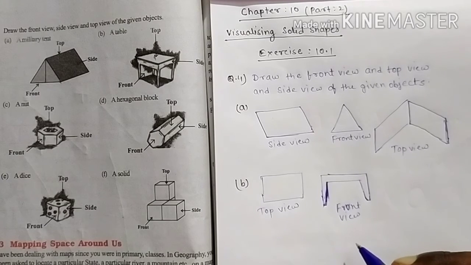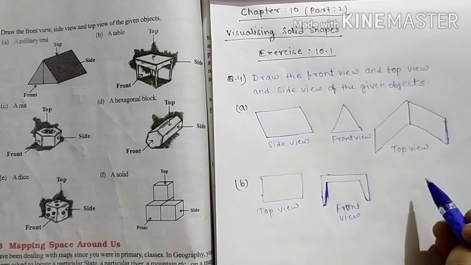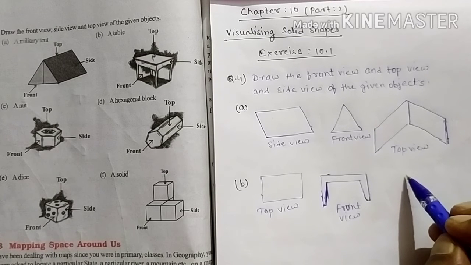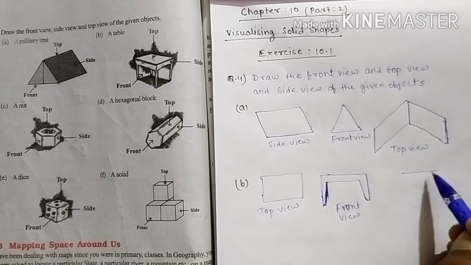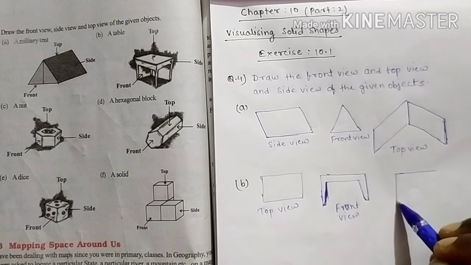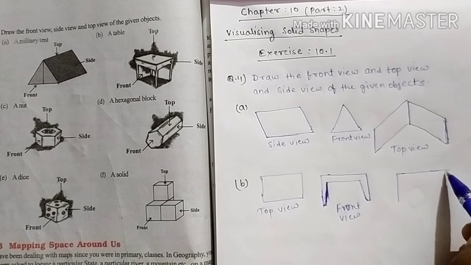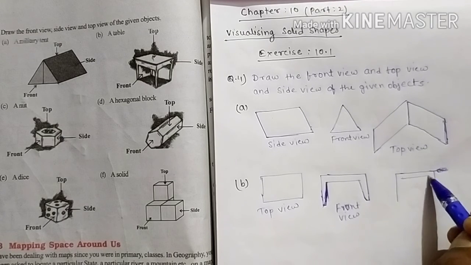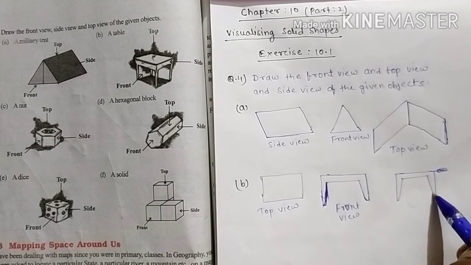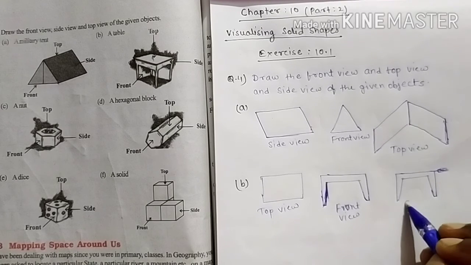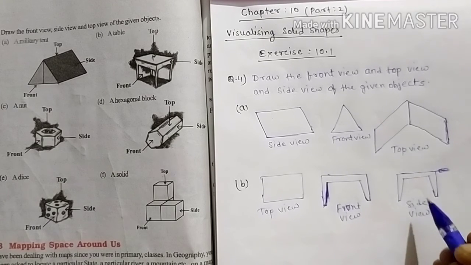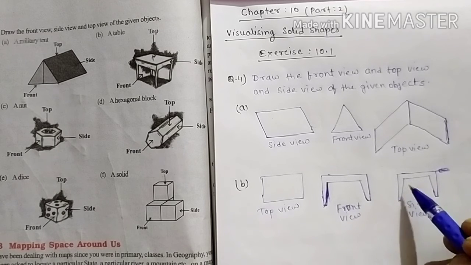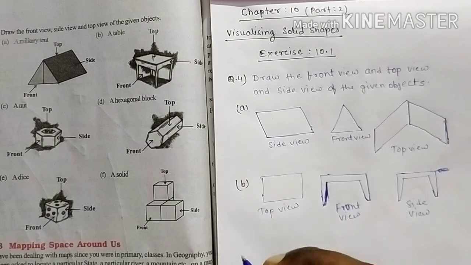Now similarly, when we see from the side, we can see an image like this, but it is a little bit small. So this is the side view of the object. It is the same as the front view, but the size of the side view is a little bit smaller than the front view.